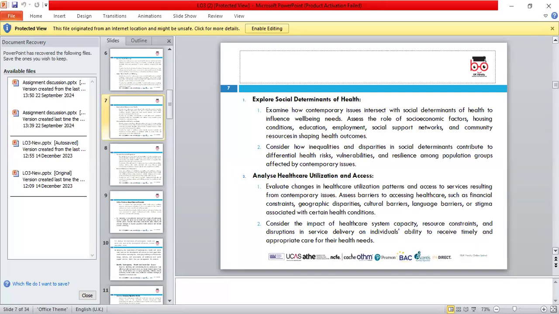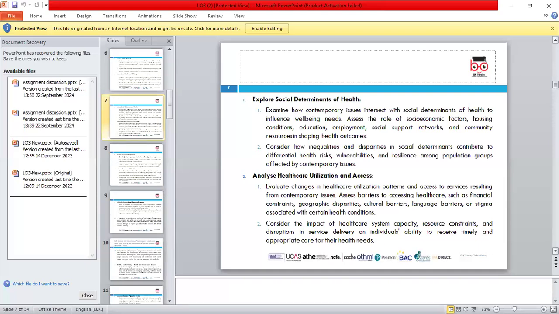You also have to look at the impact of the healthcare system capacity, resource constraints, and disruptions in service delivery on individuals' ability to receive timely and appropriate care for their health.